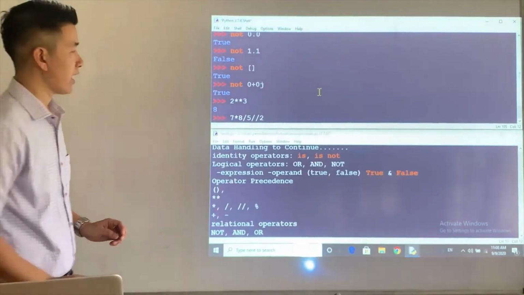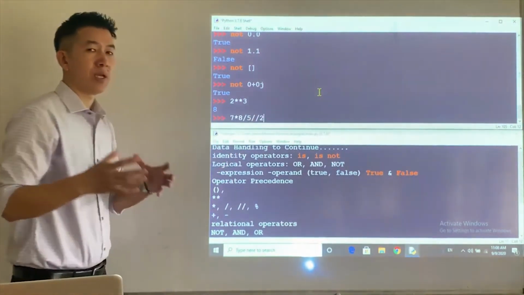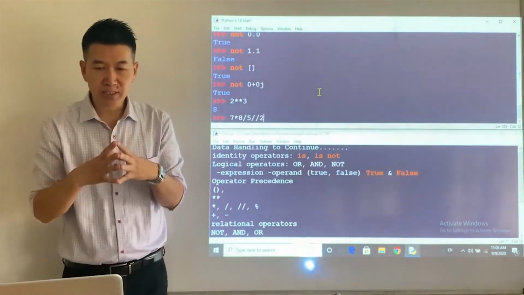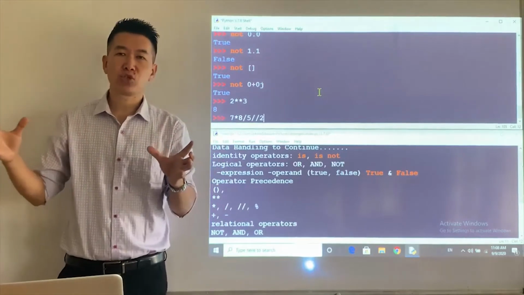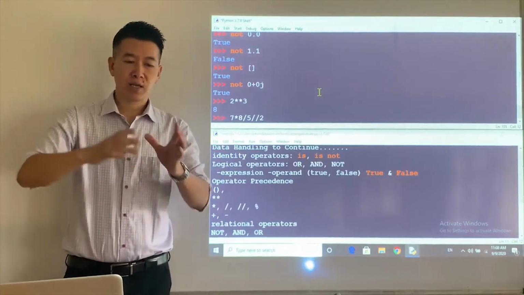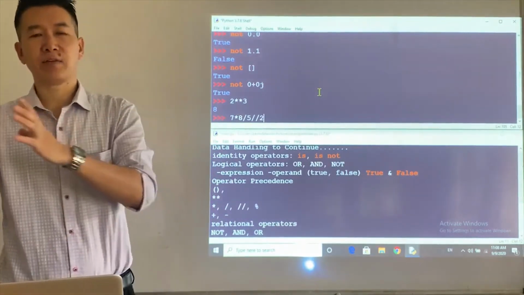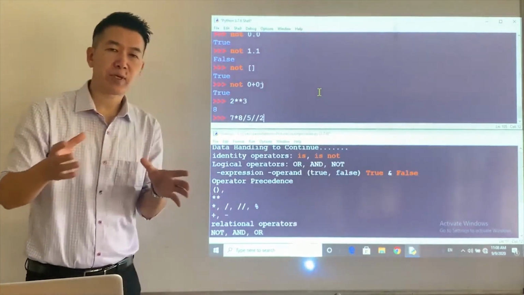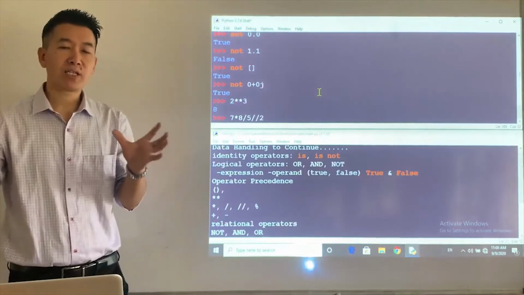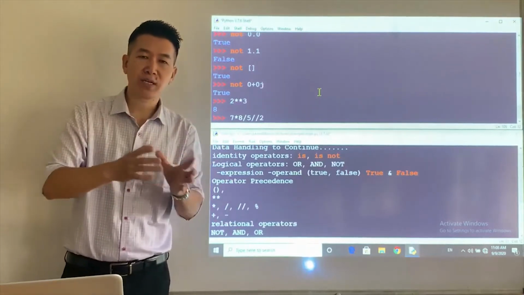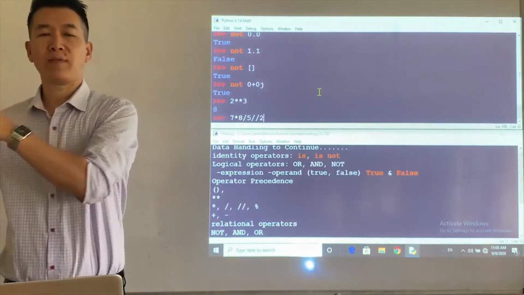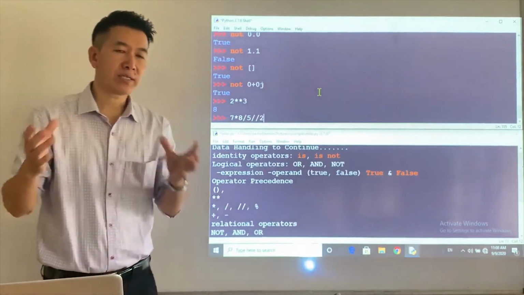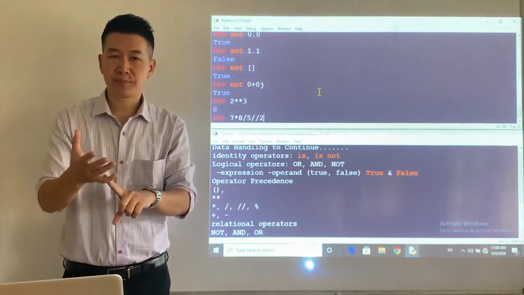Now let's say I have this expression. Expression means a valid combination of operators, literals, and variables.